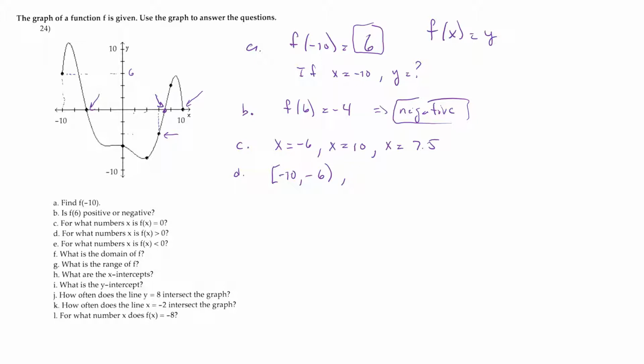Also, if x is in between 7.5 and positive 10, the y coordinate would be positive. One way to answer would be interval notation, or you could use an inequality. So we could answer in interval notation or as an inequality.